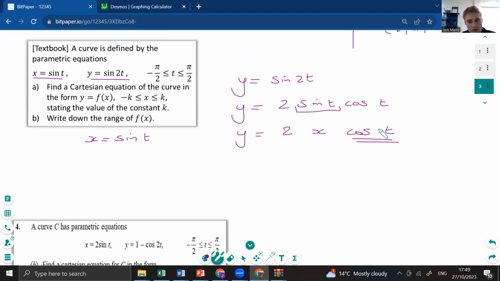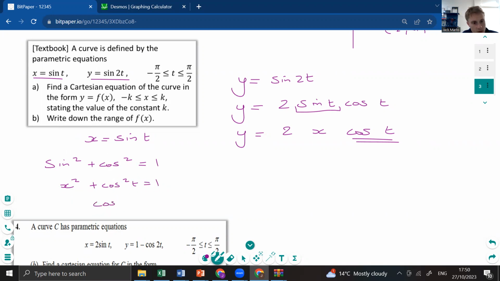So how can you remove this using the other equation? Well, if you did sine squared plus cos squared equals 1, then sine squared would be what? That'd be x squared, wouldn't it? Plus cos, let's put the letters in, plus cos t squared equals 1.